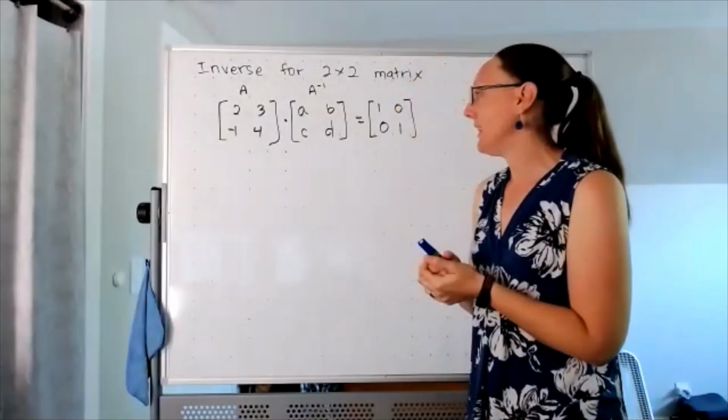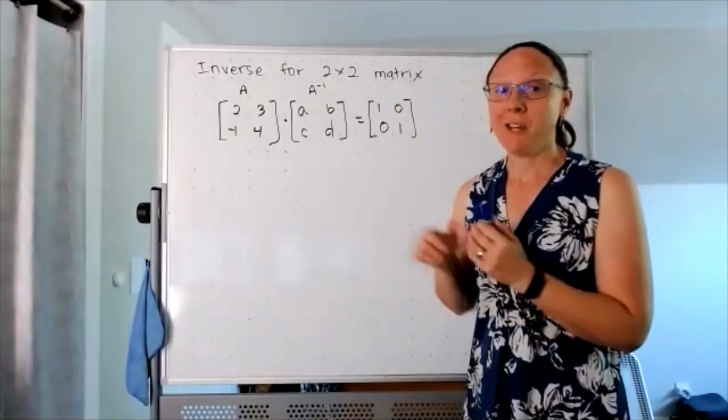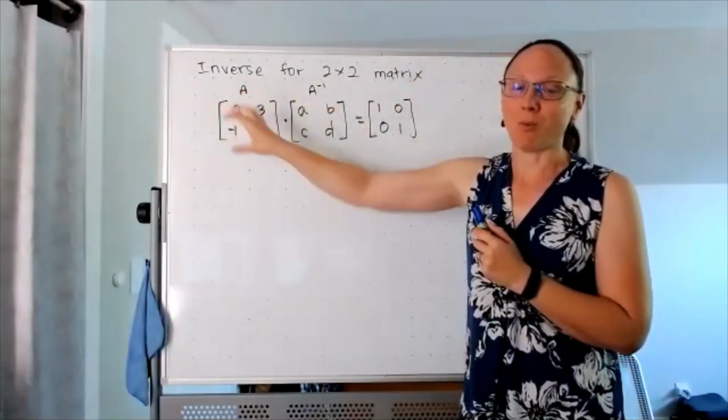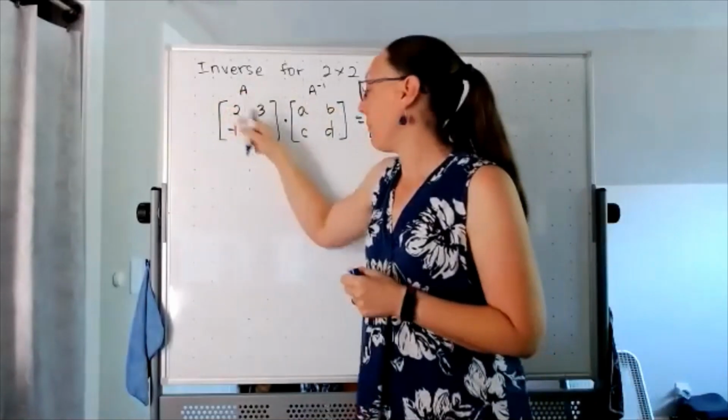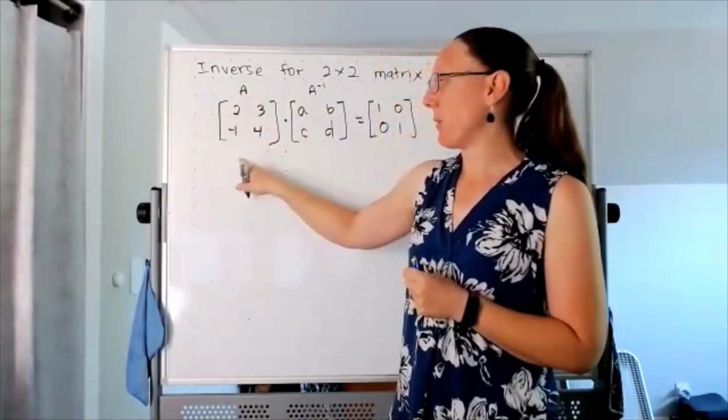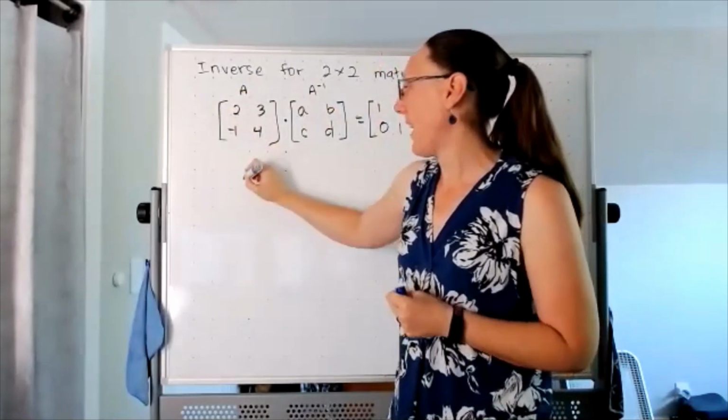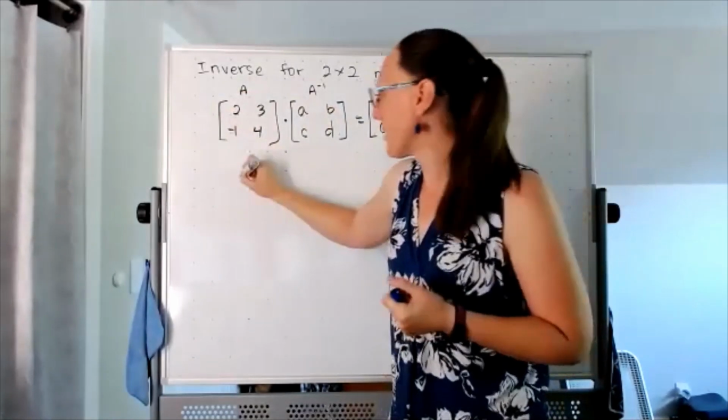Well, that looks gross. But if we do the matrix multiplication on the left-hand side, since this is a 2x2 and another 2x2, I know my result will be a 2x2.